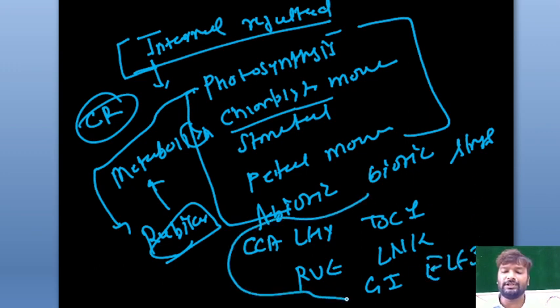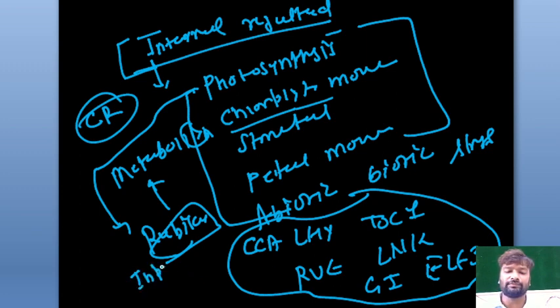These genes regulate the input, central and output pathways of your circadian rhythms. So this is about circadian rhythms, and in the mains they can ask one question from this.